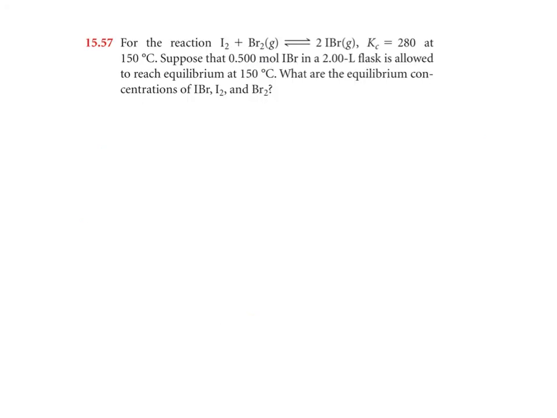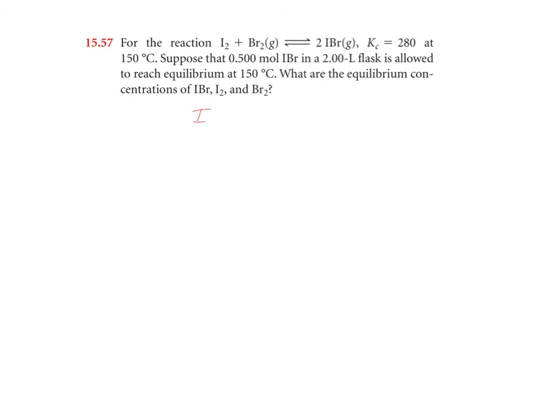Okay, last problem. For the reaction I2 plus Br2 in equilibrium with 2 IBr, your K sub C is 280 at 150 degrees Celsius. Suppose that 0.500 moles of IBr in a 2-liter flask is allowed to reach equilibrium at 150 degrees Celsius. What are the equilibrium concentrations of IBr, I2, and Br2?